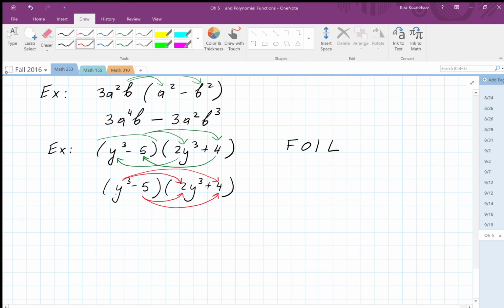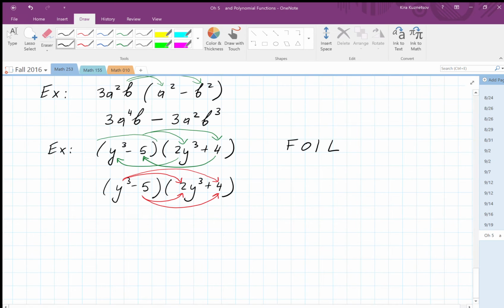Start with your first term of your first polynomial. Make sure that goes through the second parenthesis. Take the next term of your first polynomial. Make sure that it goes through the second parenthesis. Your goal in multiplying polynomials is to make sure that every term is multiplied by every term of the next polynomial. So let's start.